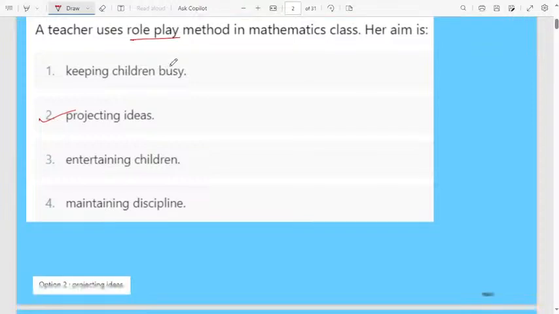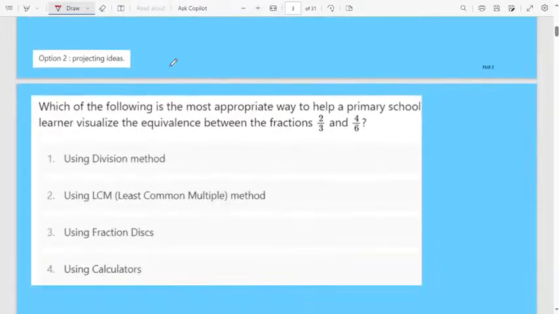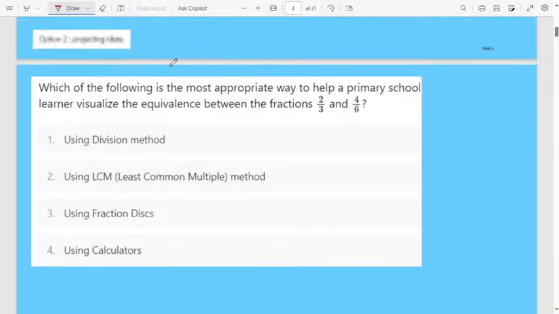Next question: which of the following is the most appropriate way to help a primary school learner visualize the equivalence between the fraction 2 by 3 and 4 by 6? How can primary school students solve this problem?